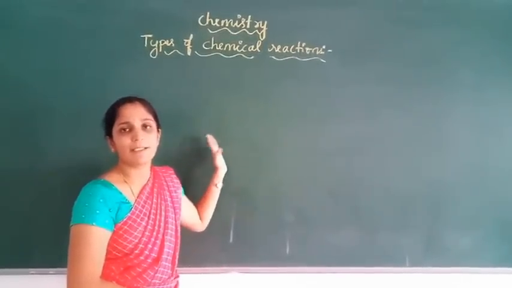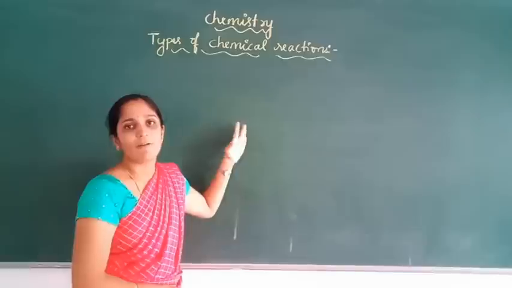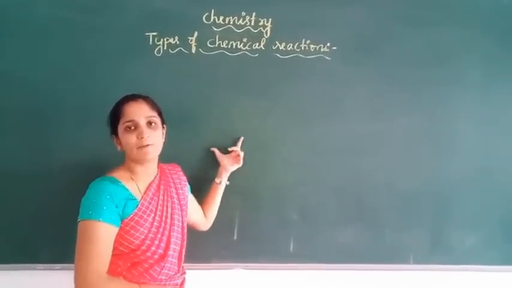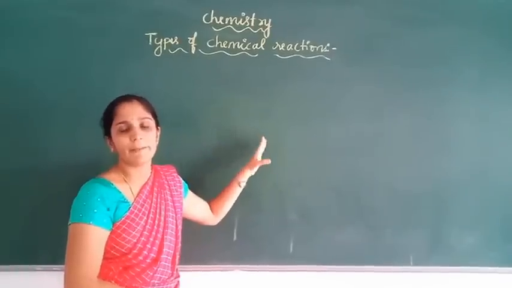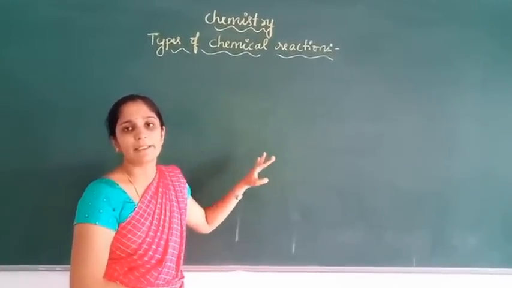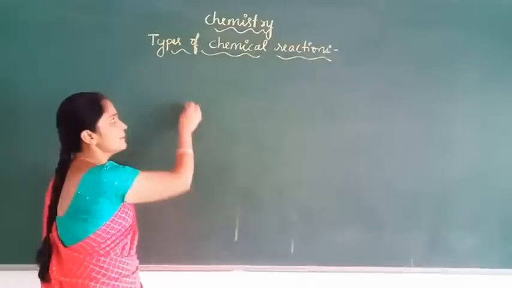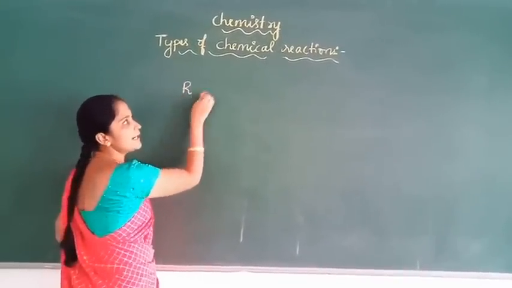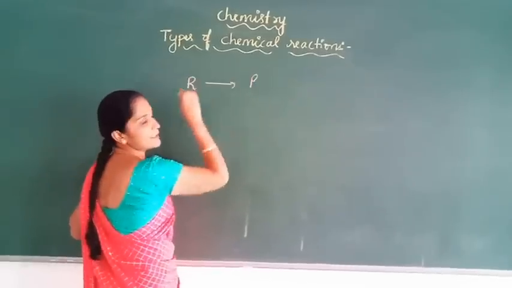In a chemical reaction, breaking of bonds between the reacting species and making of new bonds to form a product are called chemical reaction. So it is a process of conversion of reactant into product.